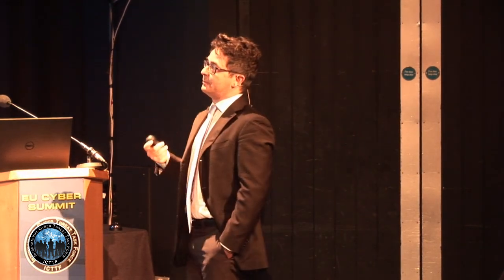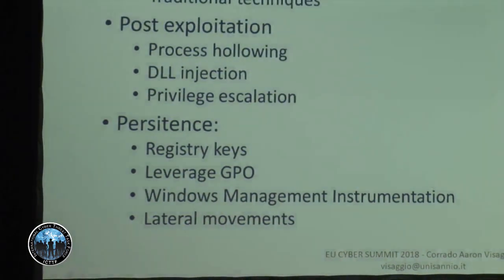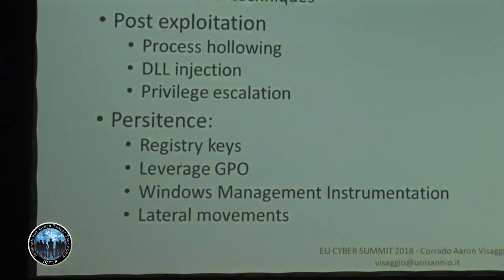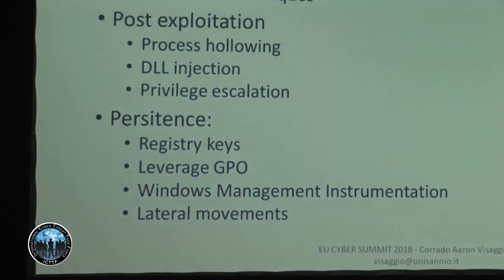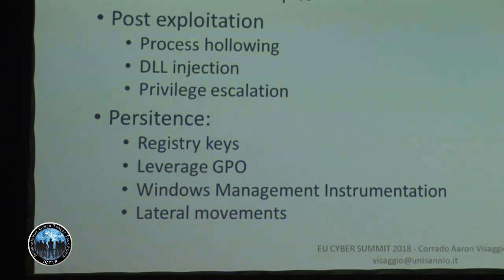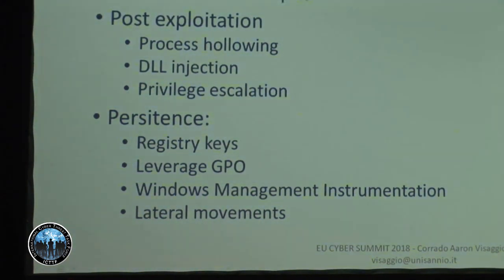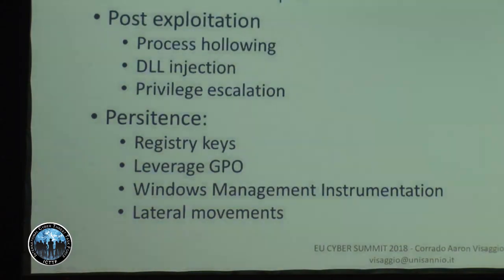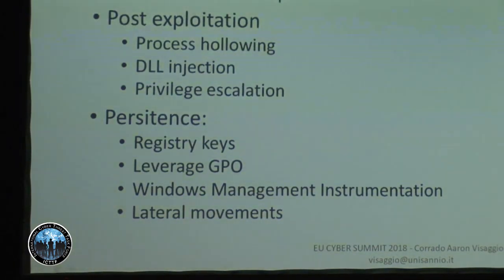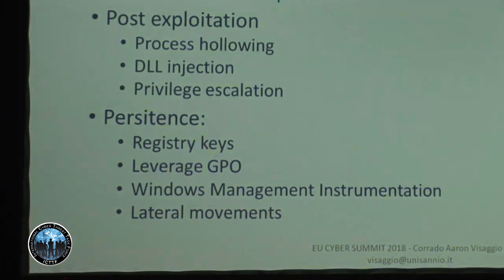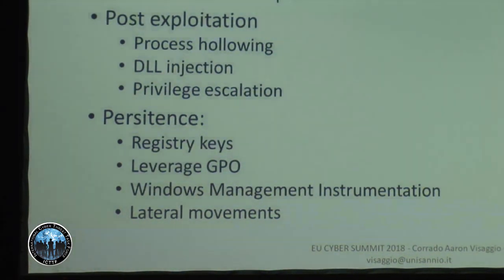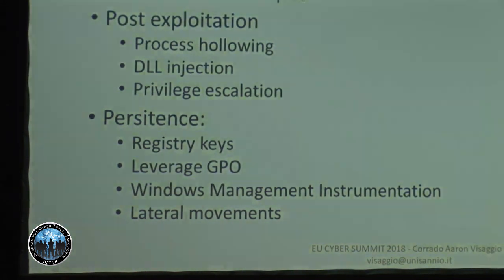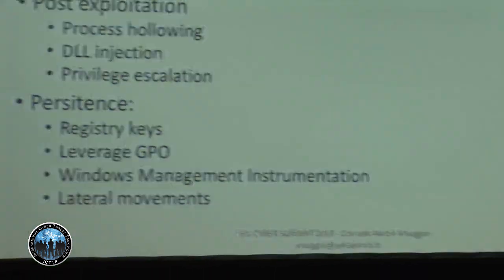Persistence. Persistence is the most difficult part for the fileless malware, for now. In order to be persistent, the fileless malware leverages registry keys, and we have a lot of examples of malware that are written in registry keys. The fileless malware uses GPO, Windows Management Instrumentation, or lateral movements.